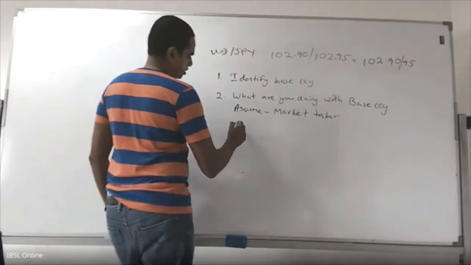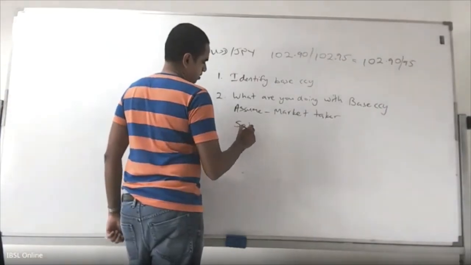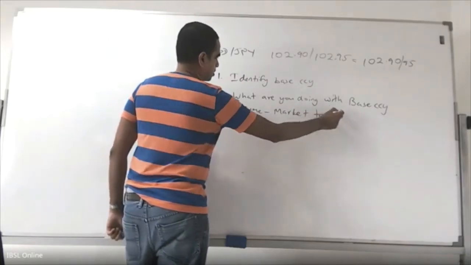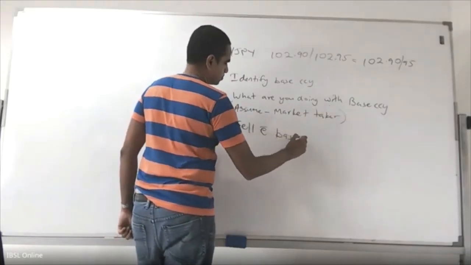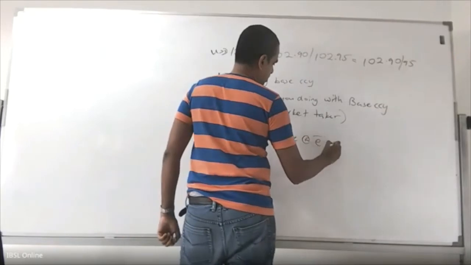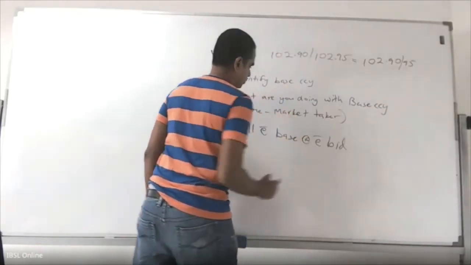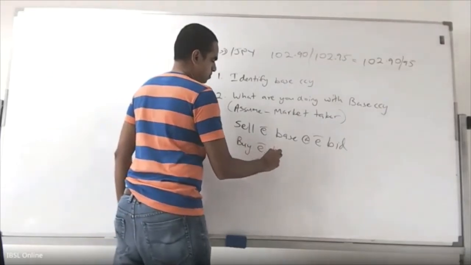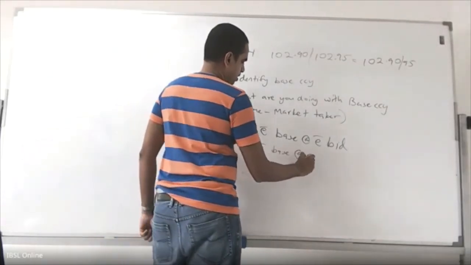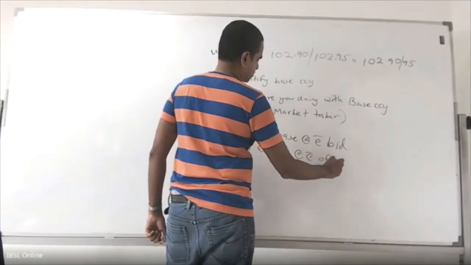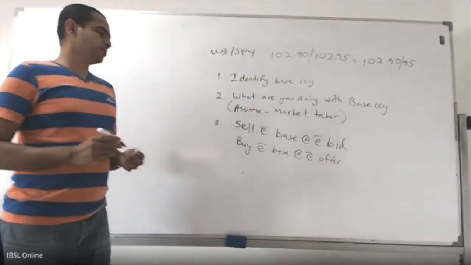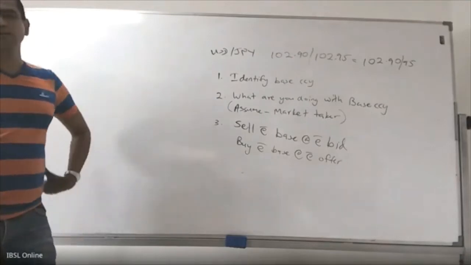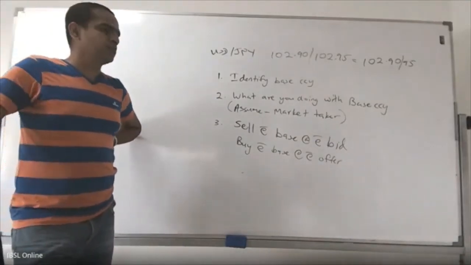The next one is sell the base at the bid, and buy the base at the offer. Sell the base at the bid, buy the base at the offer. These are the only things that you need to follow. If you follow these steps, you will never go wrong.